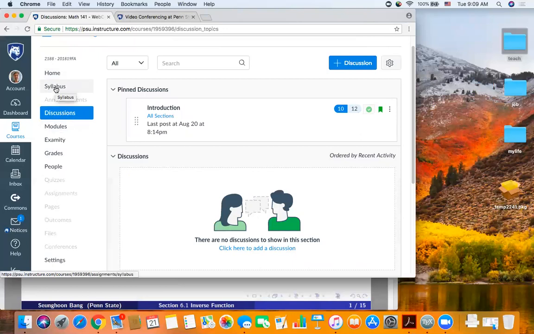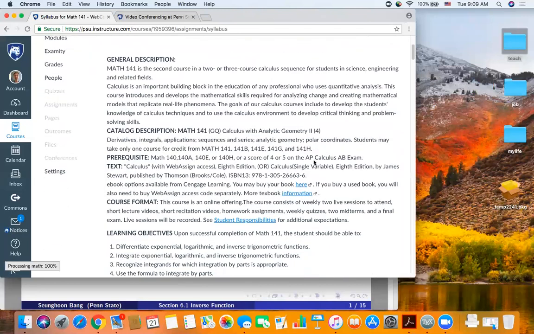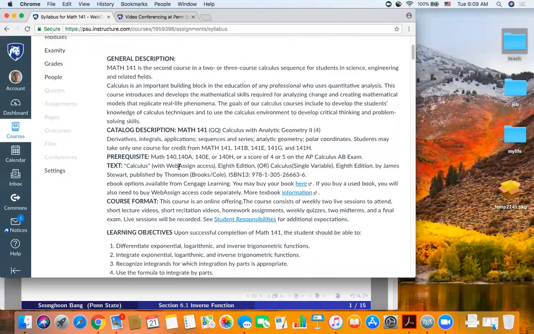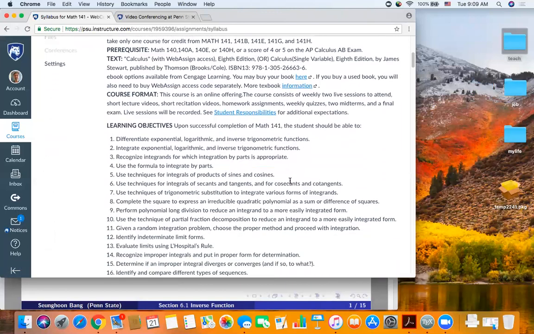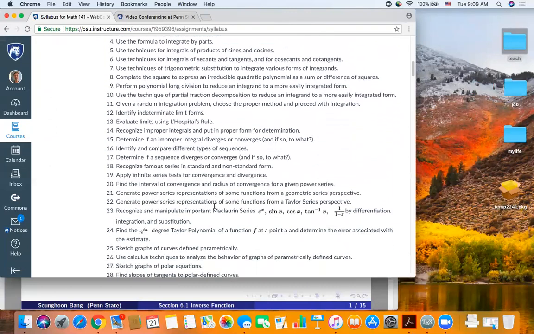Another one, we are going to the syllabus. The textbook is Calculus, 8th edition, by James Stewart. Here, the learning objectives are a very important thing. You have to focus on the learning objectives by yourself.